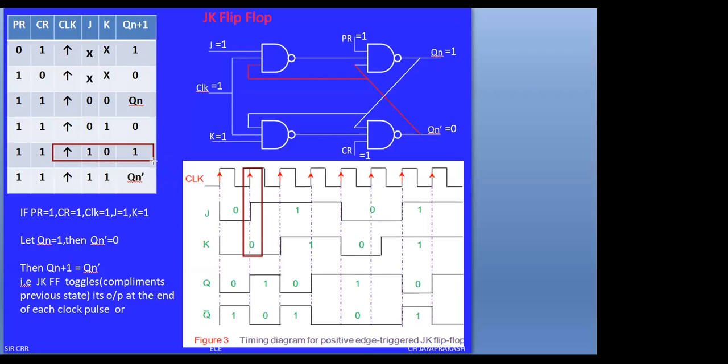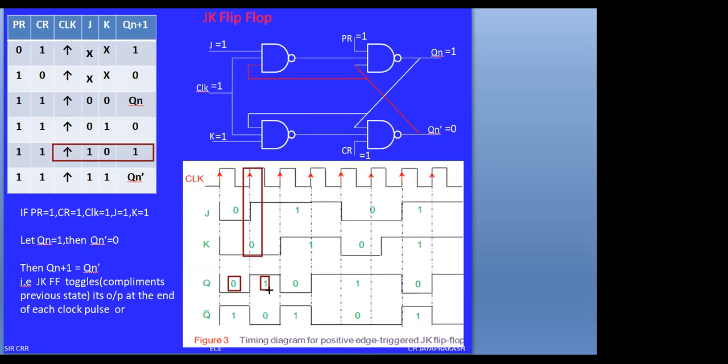This indicates the flip-flop output, that is the next state, Q of n plus 1. Q of n plus 1 is called the set condition. And for the previous condition, Q of n is the previous value. If you observe, the previous value of Q of n is 0. Now, due to the positive edge trigger, J1 and K0, this will be set to 1.